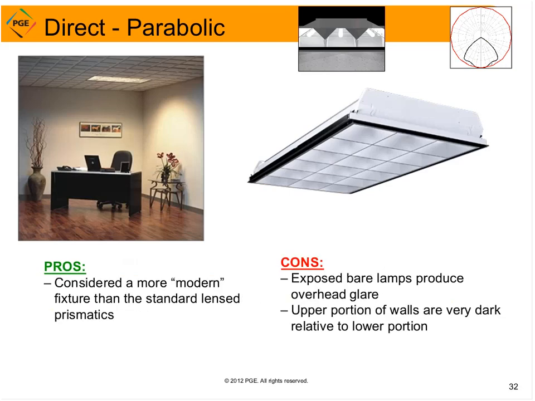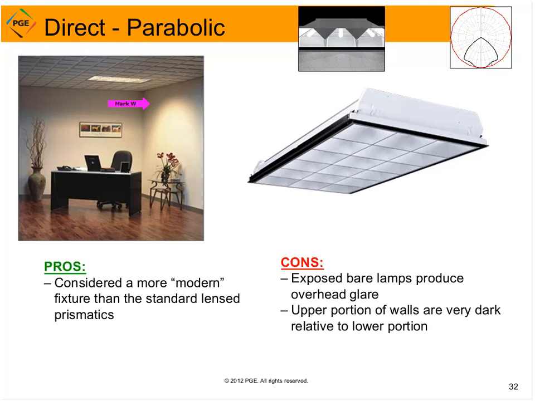The parabolic recessed troffer was originally designed to help eliminate glare on computer screens and was considered to be a more modern fixture type. But that glare on computer screens has mostly gone away. So a much bigger issue with parabolics is that exposed bare lamp and overhead glare. You'll also notice here the dark upper walls. It creates a cave effect because of that sharp cutoff that parabolics have.